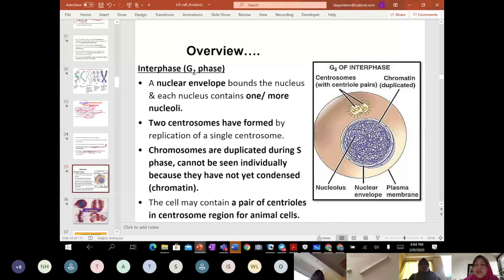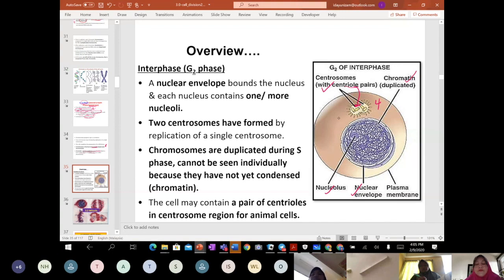As you have learned before in chapter 2 previously, I think you are familiar with nuclear envelope, nucleolus, chromatin and centrosome, right? Centrosome is the region, and inside the centrosome there is a centriole, two pairs. So there are four centrioles, or we can say two pairs.